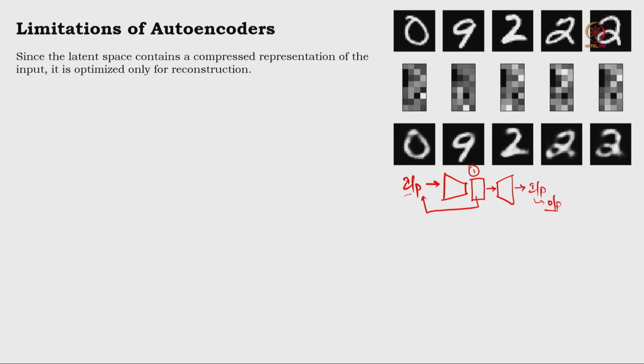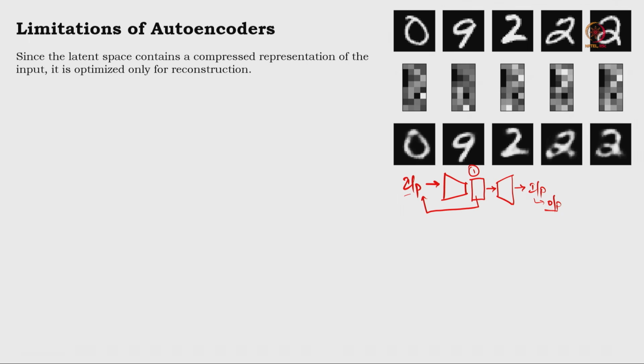Although it is an output, what we get is the reconstructed version of our input only. So, this is the overall working mechanism of an autoencoder, where the first objective is a latent representation. And how do we get the latent representation? By passing an input to the encoder, and the encoder gives us the compressed version.